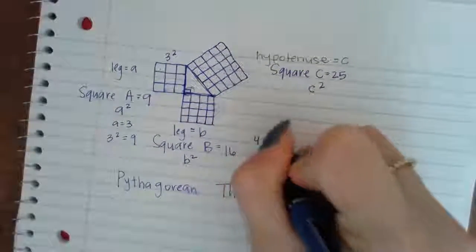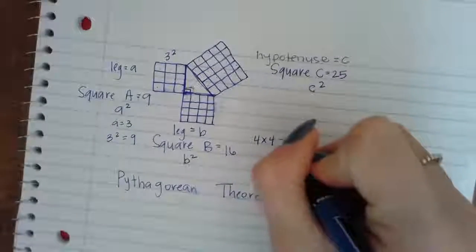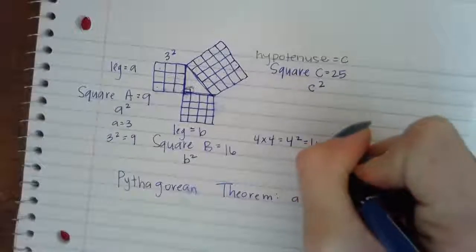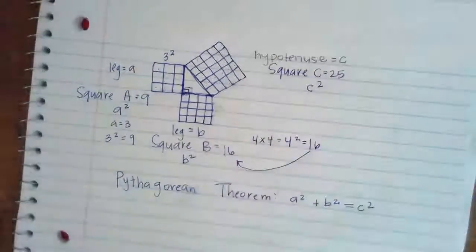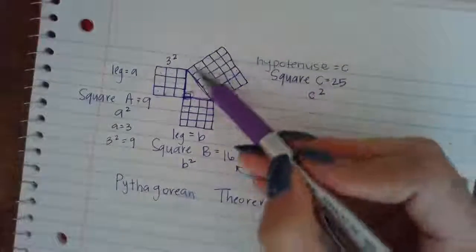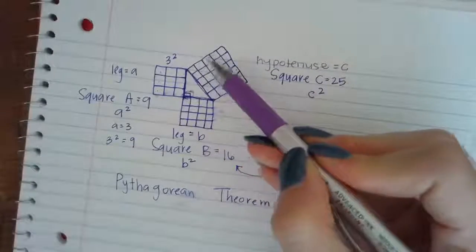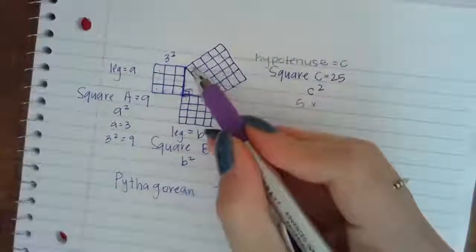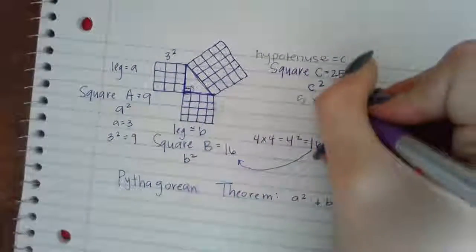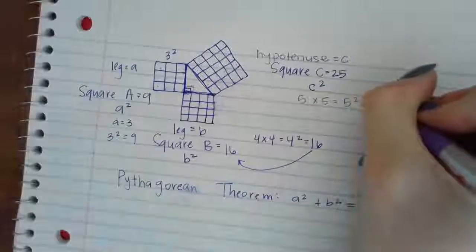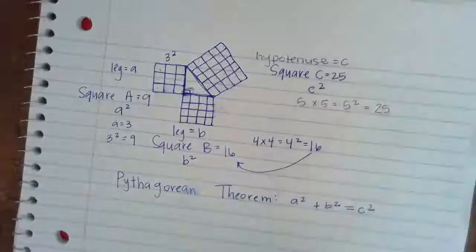So a 4 by 4, which is equal to 4 squared, is 16, where we get our number. And we see that same thing along our hypotenuse here, where we have a 1, 2, 3, 4, 5 by 1, 2, 3, 4, 5. 5 times 5, or 5 squared, is equal to 25.